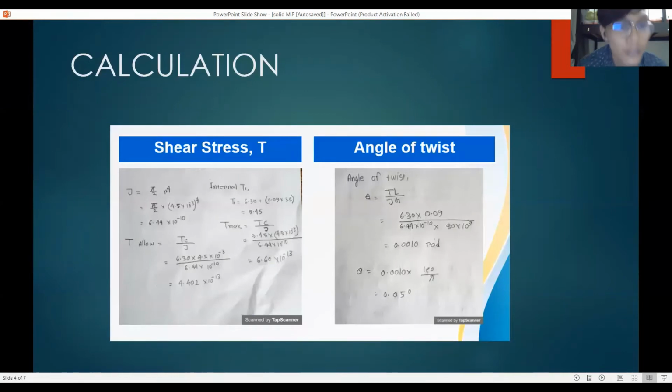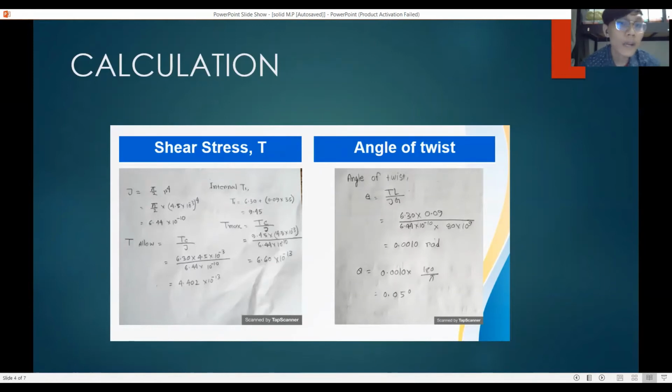Tau allow equals Tc over J. We calculate 6.30 times 4.5 times 10 to the negative 3, divided by 6.44 times 10 to the negative 10. We get 4.402 times 10 to the 3.